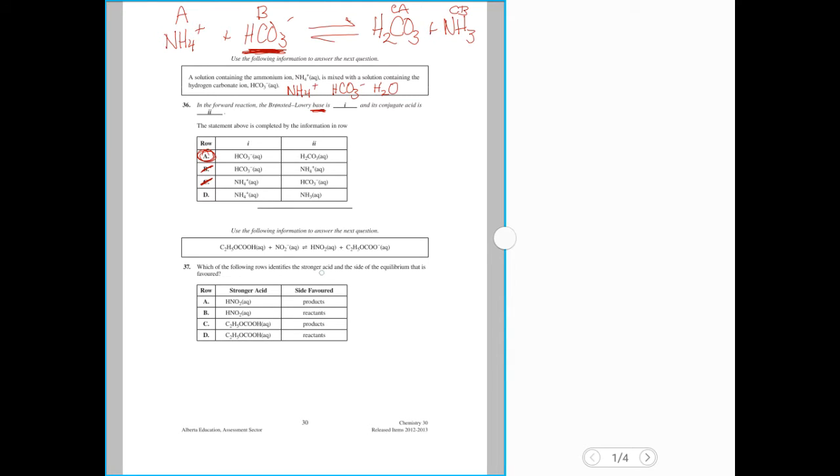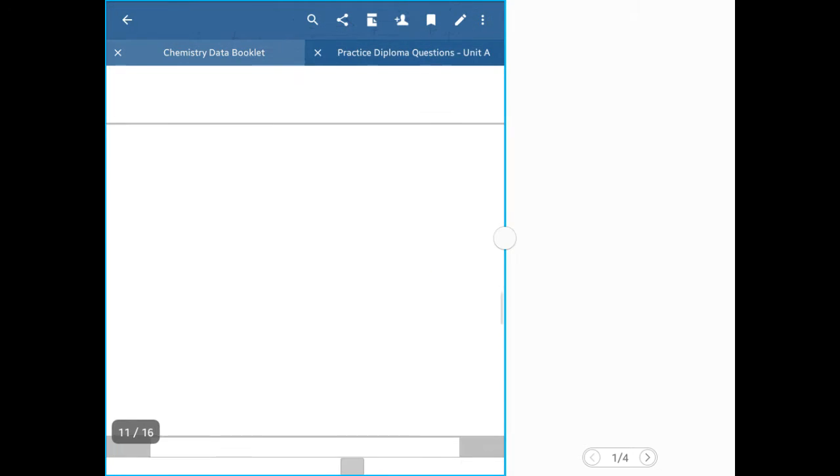It says, which of the following rows identifies the stronger acid and the side of equilibrium that is favored? Okay, so when we're talking about the stronger acid, when we look at the letters listed, I'm comparing either HNO2 or C2H5OCOOH, which is lactic acid. So when I go to look at my data booklet, this is how I'm going to tell which one is the stronger acid.